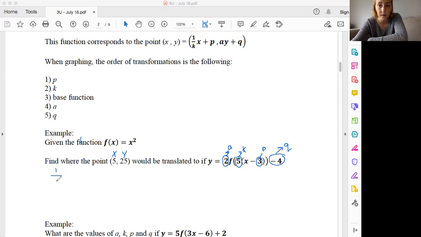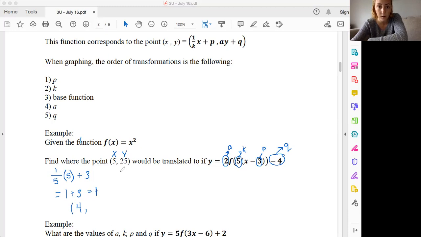So 1 over k would be 1 over 5 times x, which is 5, plus p, which is 3. So our new x would be 1 plus 3, which is 4. So that's our new x value.